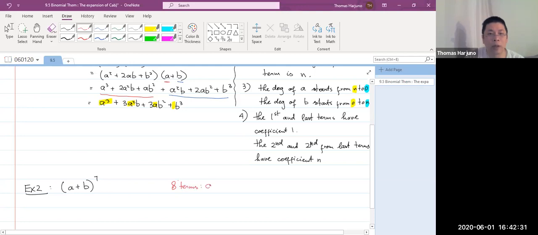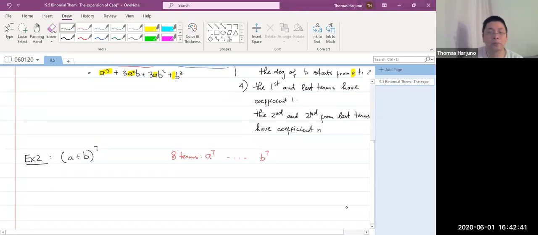We start from a to the 7th all the way to b to the 7th. Okay, let's put it out for now. This will be a to the 7th, plus, notice that this is the degree of n, right? So the second term will be n a to the 6b. Now the third term, we don't know the coefficient yet, but we know it will be a to the 5th b squared.